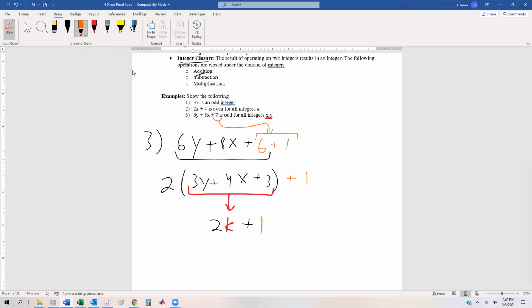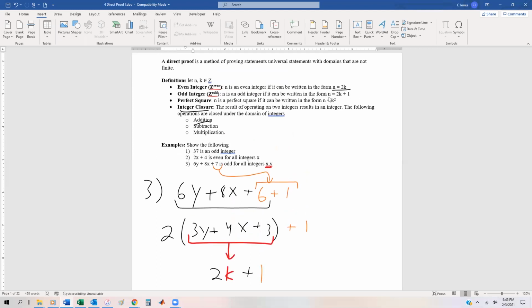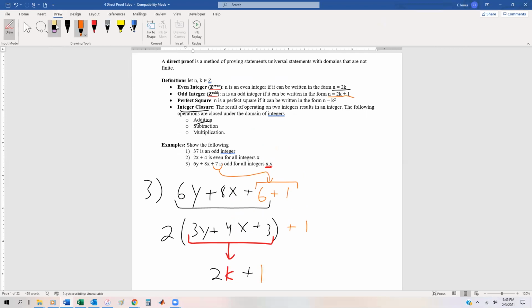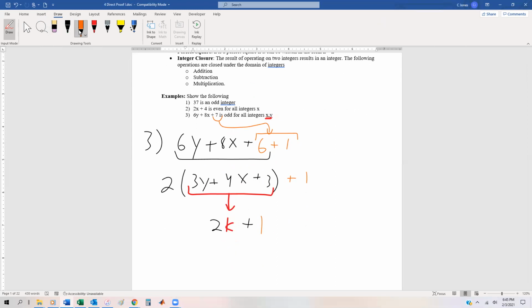That's the very definition of odd. What we're trying to do is make it fit the form of either an even or an odd integer. So we can say that this is odd since it fits the form 2k plus 1.